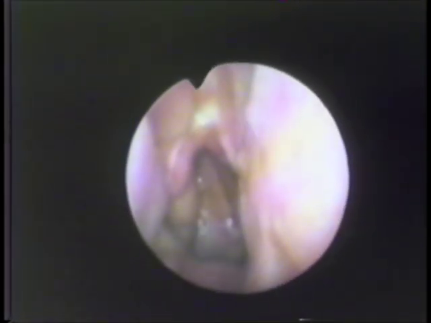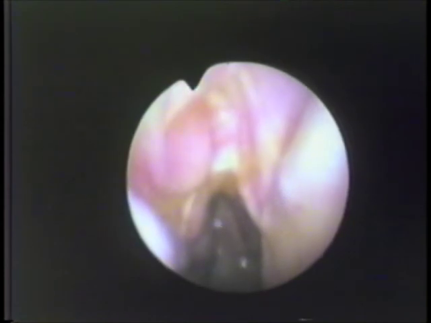For orientation, as we proceed into the floor of the nose again, you can see the choana and this small lobulation, which is immediately lateral to the choana. And then as we decrease the light and proceed superiorly, you can see immediately the excavation that has taken place here.